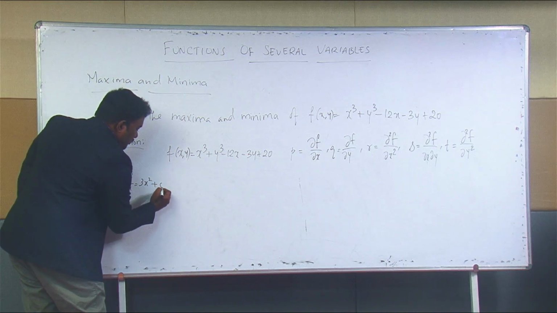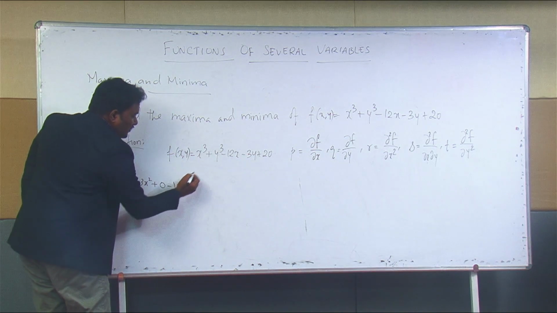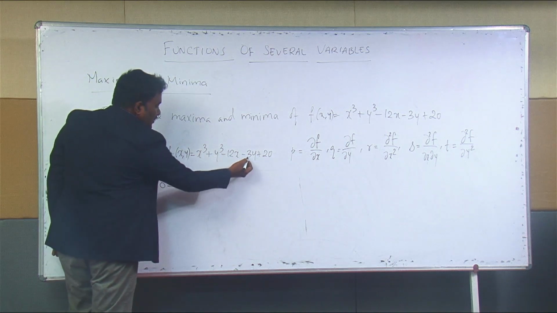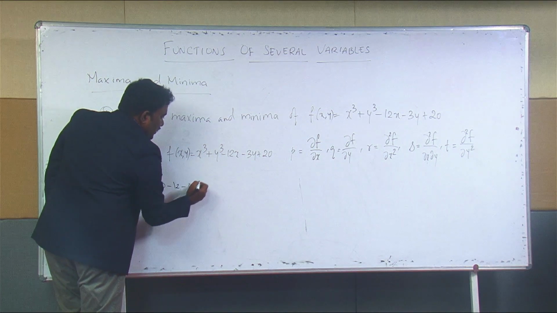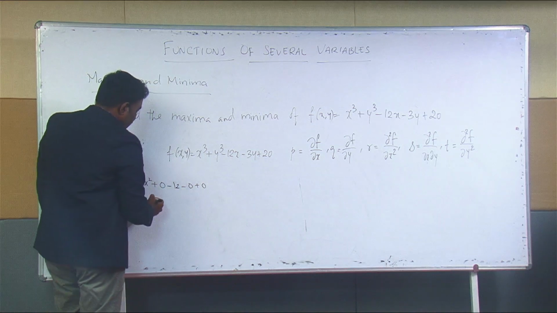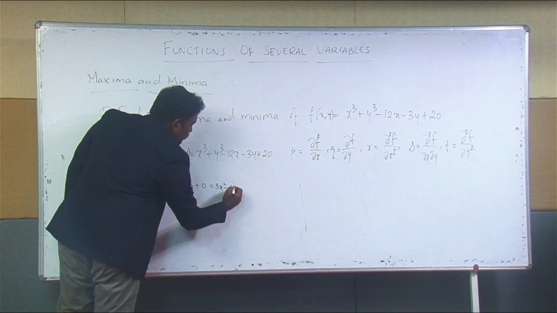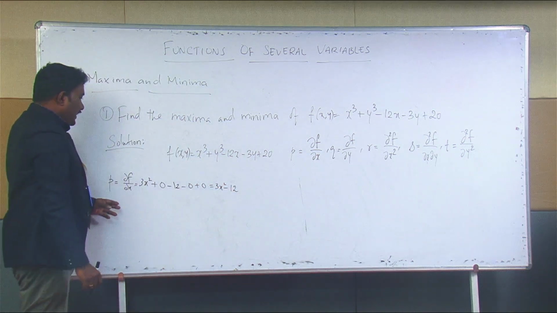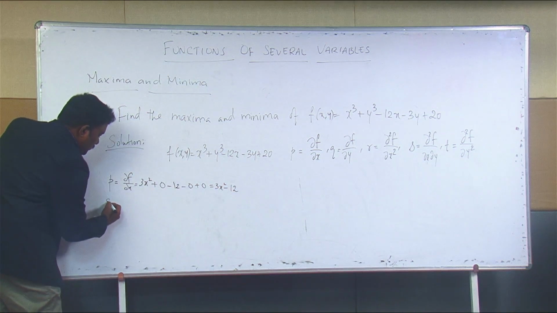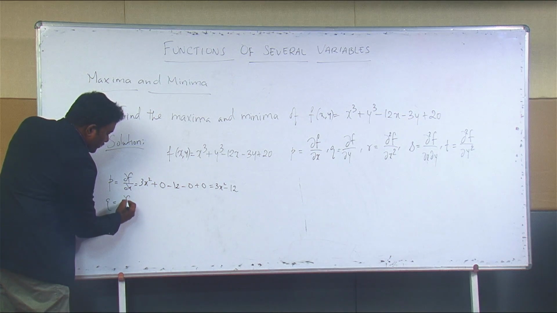Minus 12x becomes minus 12 into 1, which is minus 12. Minus 3y becomes 0, and 20 also becomes 0. So finally we have 3x square minus 12. Now we go for the value Q, which is the value of dou f by dou y.